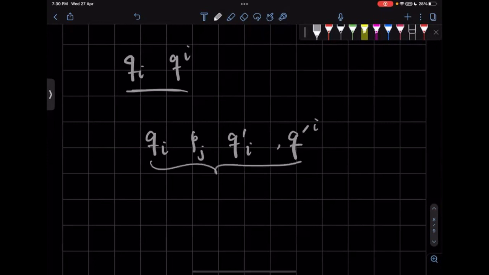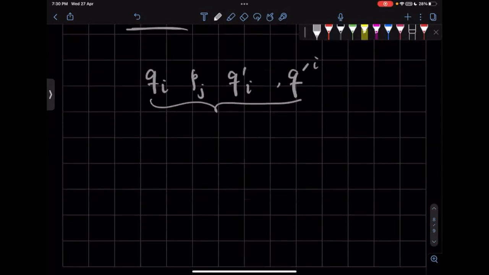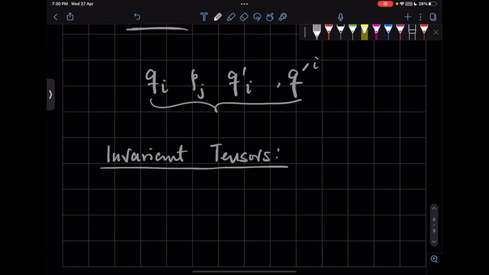We can combine these things in various ways to find those higher dimensional tensors. But how do we combine them? We use invariant tensors.